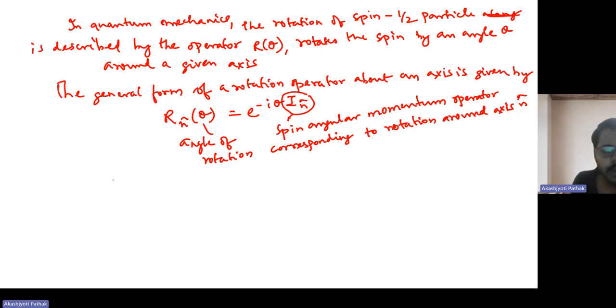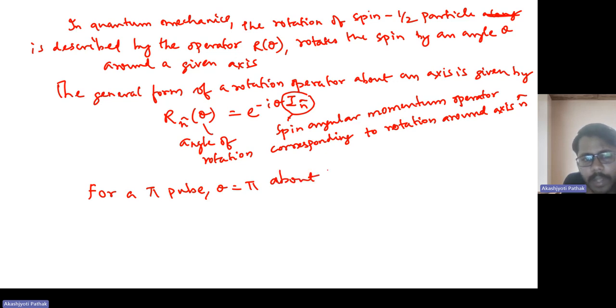So now, say we consider a Y pulse. For a pi pulse, theta is equal to pi about the y-axis.